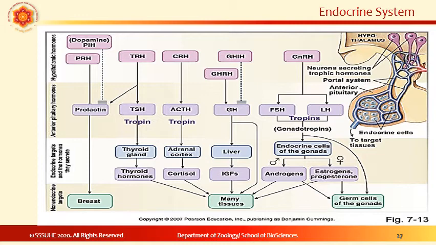CRH acts on the anterior pituitary gland to produce ACTH, adrenocorticotrophic hormone, which acts on the adrenal cortex to increase cortisol production.